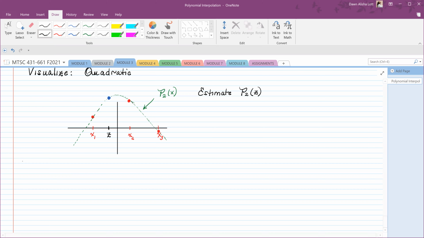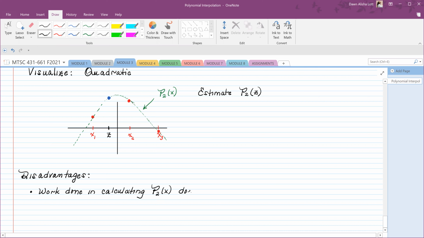All righty. So disadvantages. This is a great method, but there are some disadvantages. Work done in calculating P2 does not lessen the work in calculating P3.